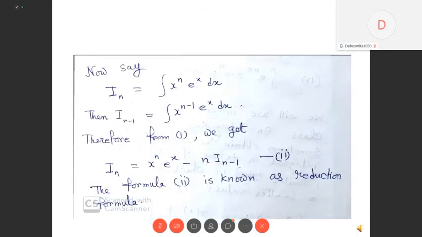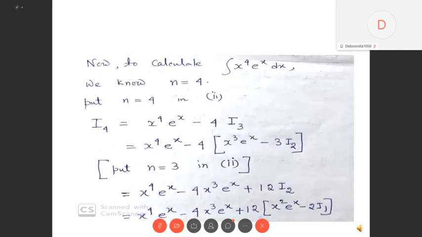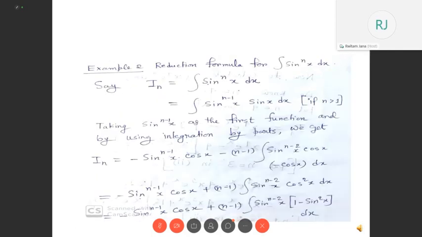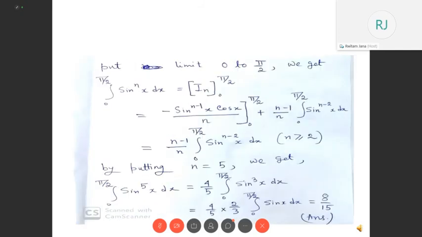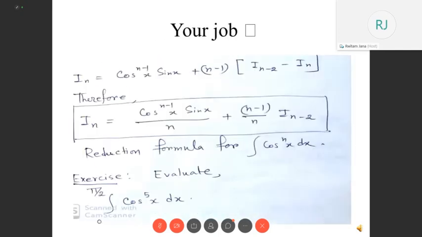Anybody else? If you have any questions, then please raise your hand. Already I gave you one homework, that is 0 to pi by 2. Actually, I gave you two homeworks. The first is for n equals 6, the even number case, and this part, 0 to pi by 2 cos to the power 5x dx.